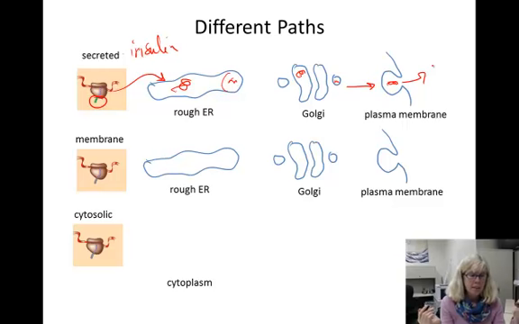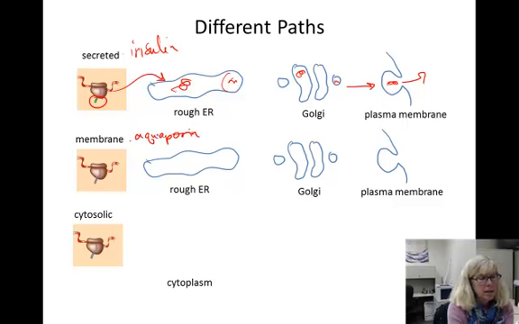If you need a protein to be in the membrane, like our old friend aquaporin, this also generates a signal peptide, binds to a SRP that escorts it to the rough ER, but this protein has several hydrophobic regions in it because it's a membrane protein.